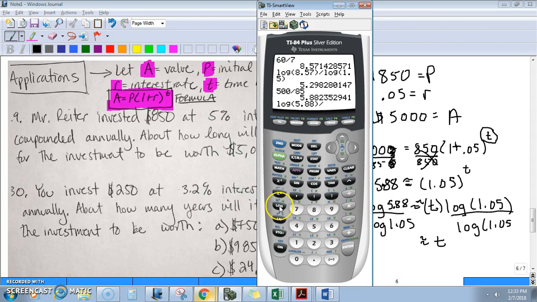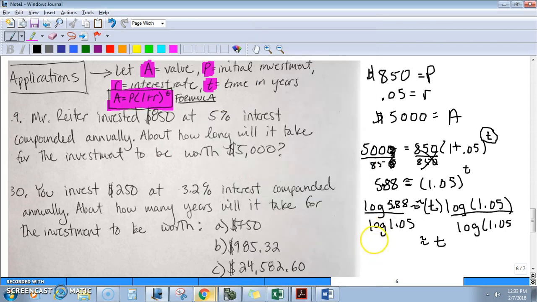Divided by the log of 1.05. Approximately 36.3 years. If you originally invest $850, don't add any more money, it'll take you approximately 36.3 years to reach $5,000.